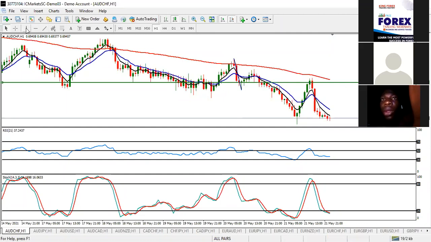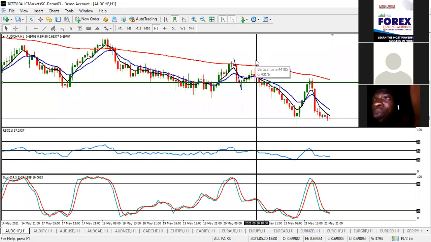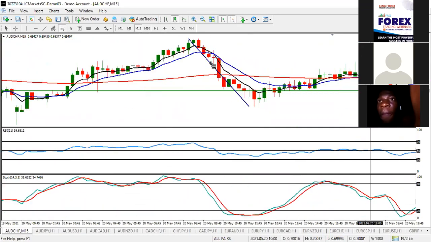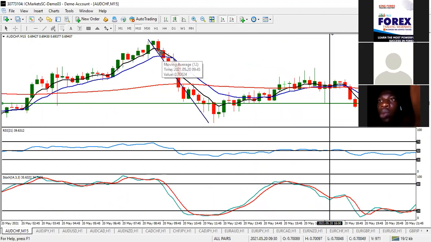Let me try to mark it. So that is where we want to put in your pending orders. So immediately you see the cross happen, once price starts pulling back a little bit, you want to put in your fib between this place and this place. Let me go into a lower time frame so that you can see it. Okay, very good. Look at that, that is the area.